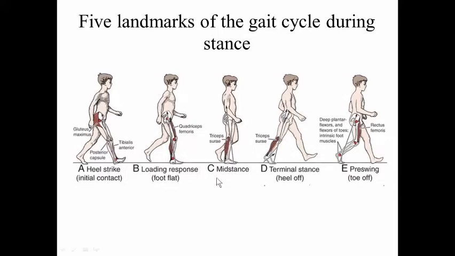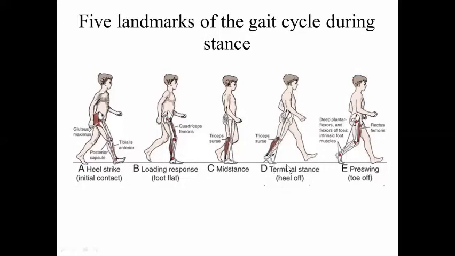The third one is mid stance, when the full body weight is on the one foot, all the weight comes on the foot, and the greater trochanter is in line with the middle of the foot. The fourth one is the terminal stance or heel off, when the heel is raised above the floor.